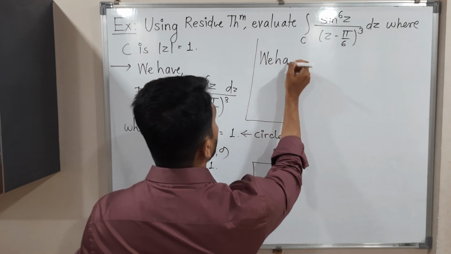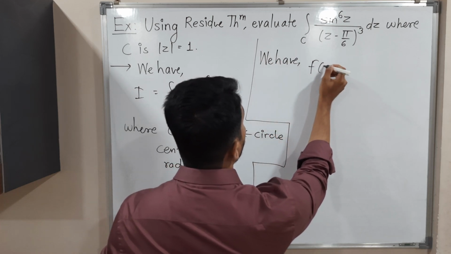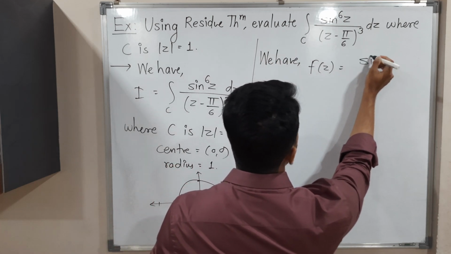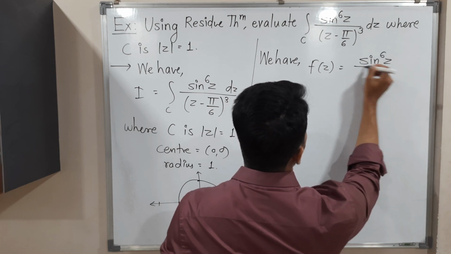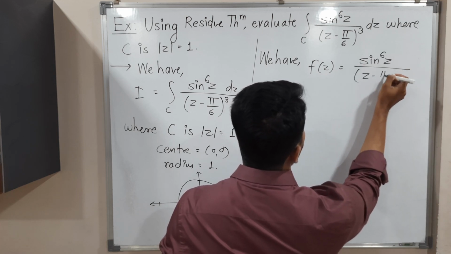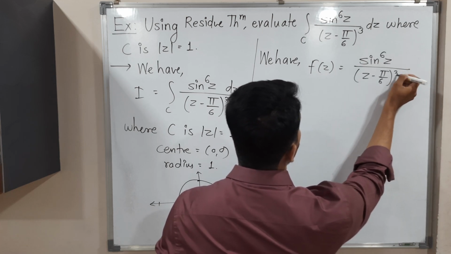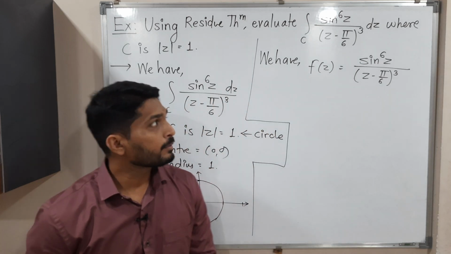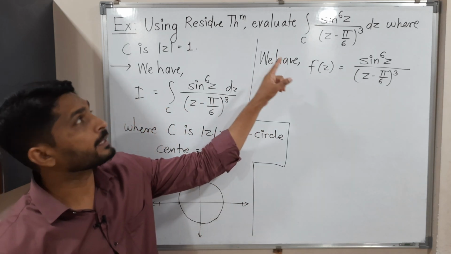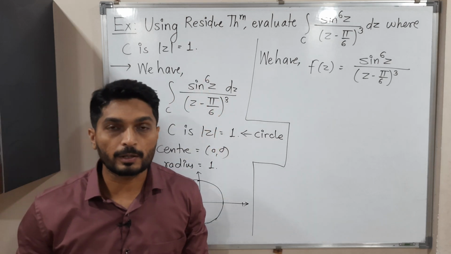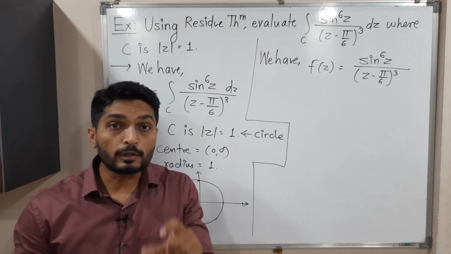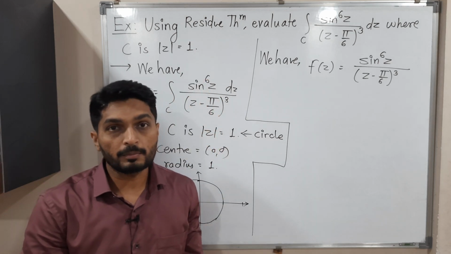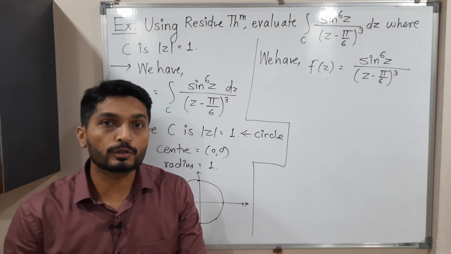We have f of z function is sin raised to 6z upon (z minus pi by 6) cube. So this is the given function, right? We have to solve this integration with the help of Cauchy's residue theorem. So let me tell you what Cauchy's residue theorem is and then we will plan how to solve the problem.